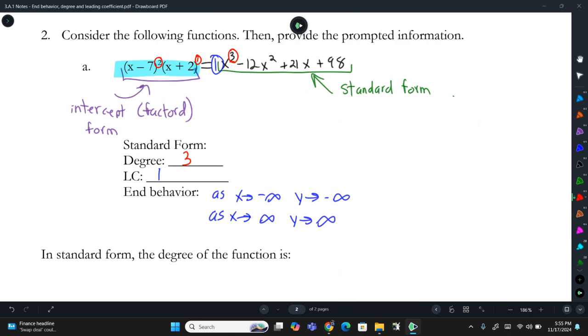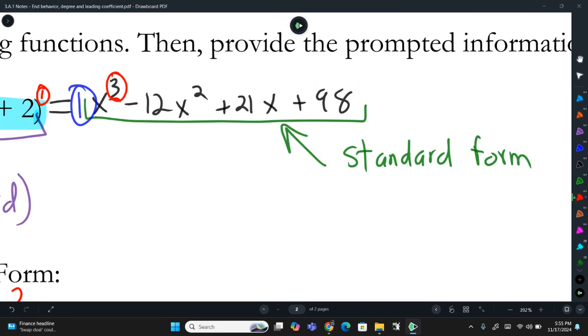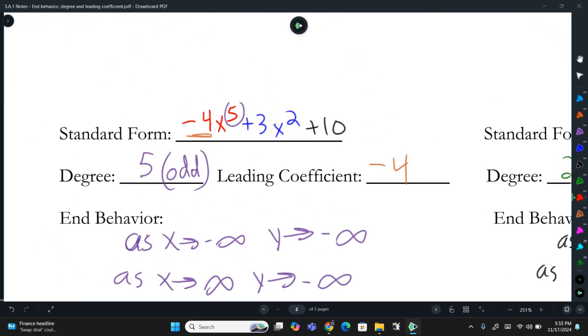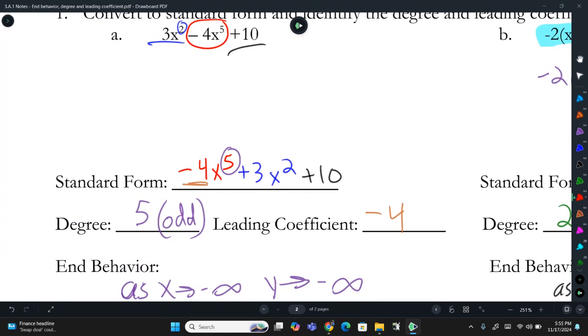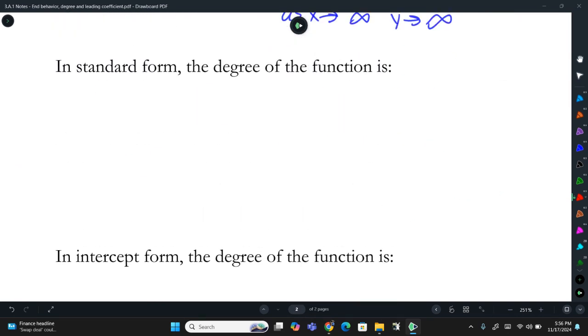to figure out the degree. If you're in standard form, it is the biggest exponent. Like we did up here, the biggest exponent was 5, so the degree was 5. So in standard form, the degree of the function is the largest exponent.